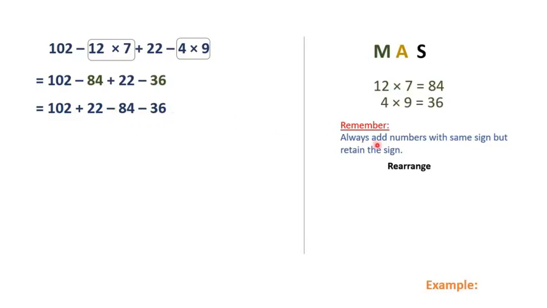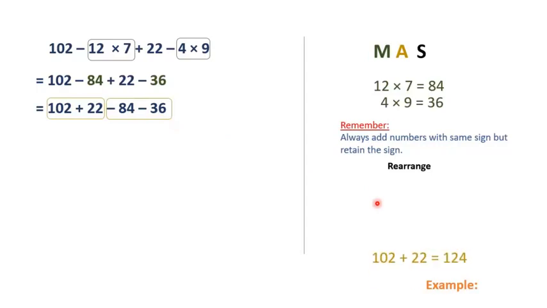So as I said, remember, always add numbers with the same sign. That means we are going to add the numbers with the same sign. So we can add 102 plus 22. We can add as well minus 84 and minus 36 as they have the same sign.